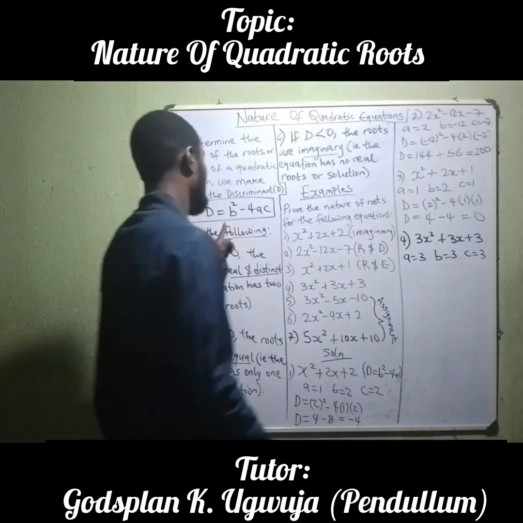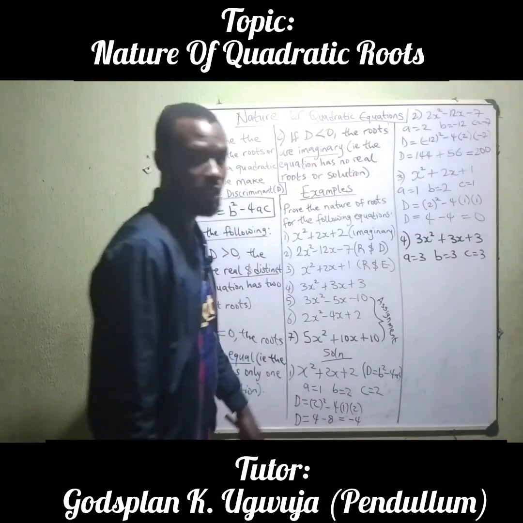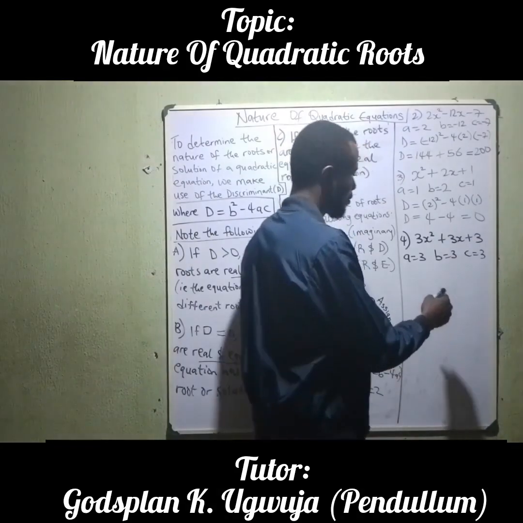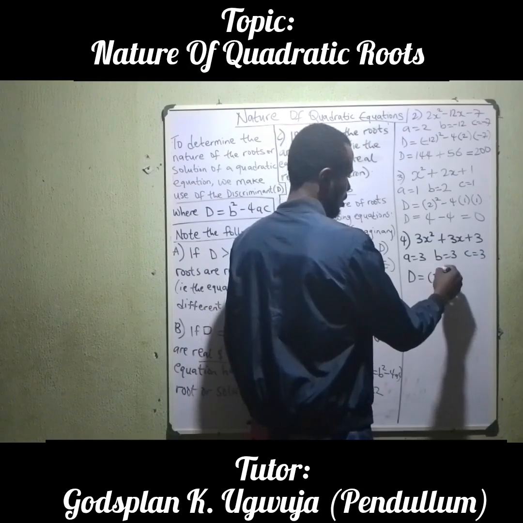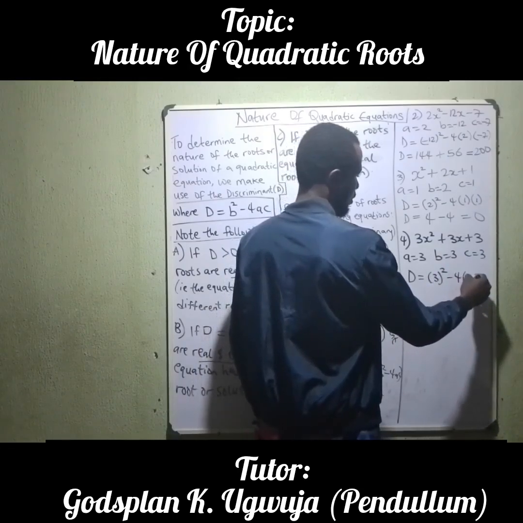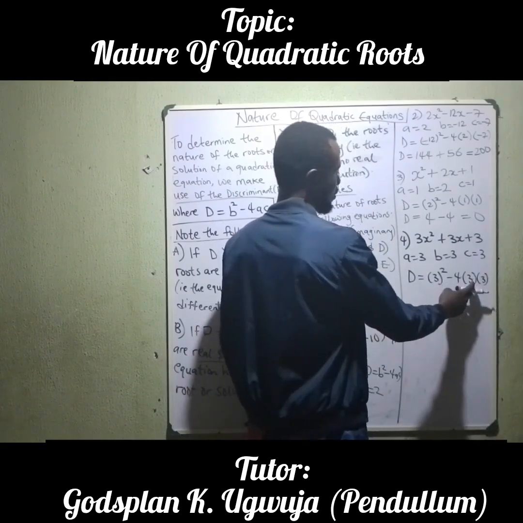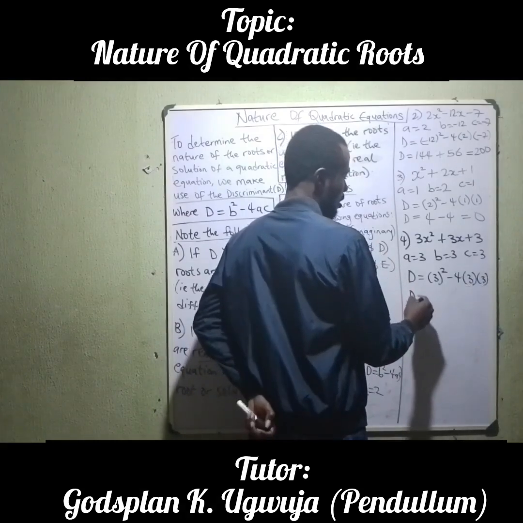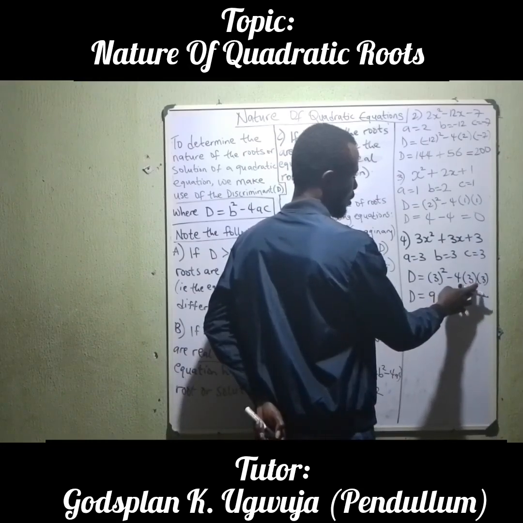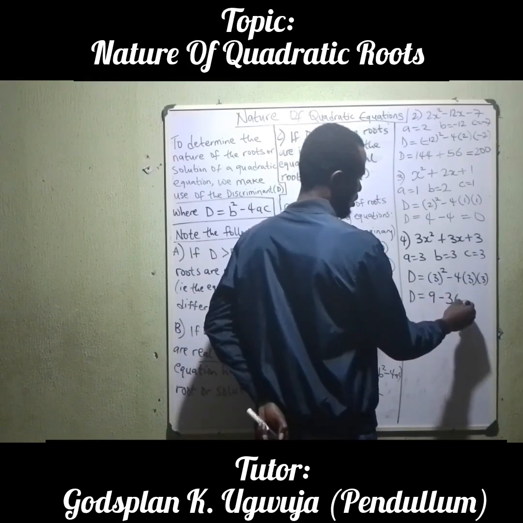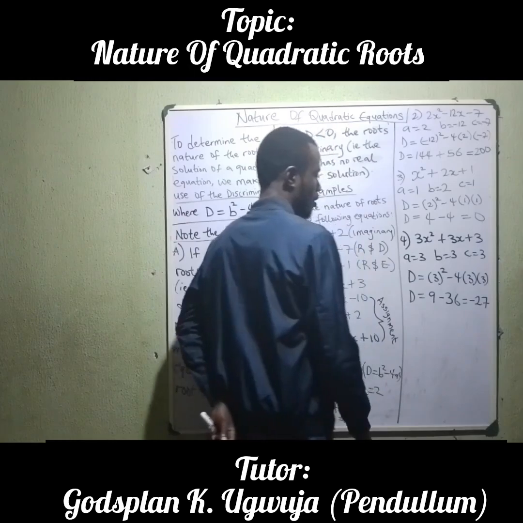If we use our equation that d is equal to b squared minus 4ac, we're going to have that d is 3 squared minus 4 times 3 times 3. b is 3, a is 3, c is 3. Now this will give us 3 squared is 9, minus 4 times 3 is 12, 12 times 3 is 36. So this should be minus 27.